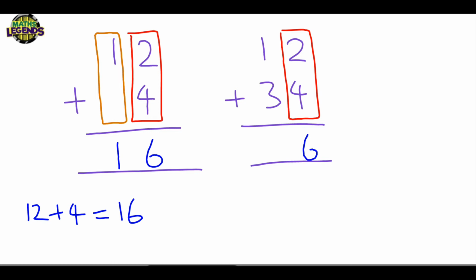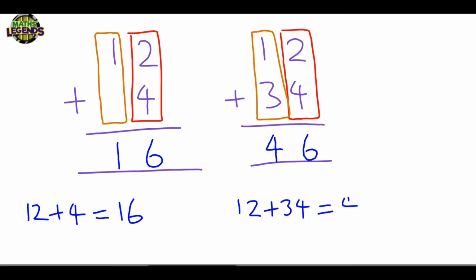And again, we put it underneath that column. Then we look at the next column on the left, and we add these numbers together, 1 and 3, which is 4. And that goes underneath this column. So the answer here is 46. So 12 add 34 equals 46.